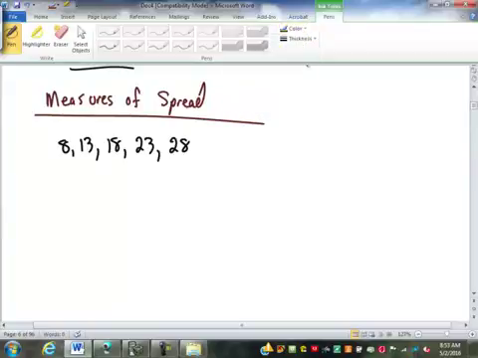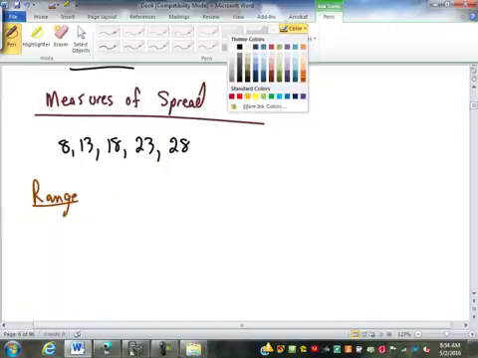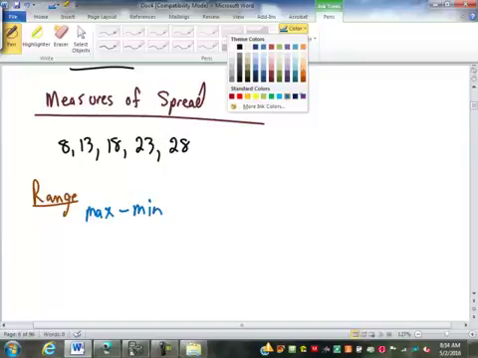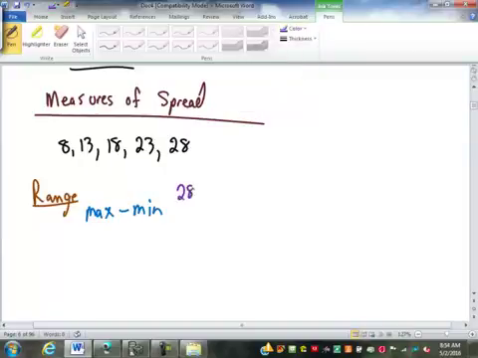For our first measure of spread, we can talk about range. Now we already used the mid-range as a measure of center. The range itself is just the maximum minus the minimum. So for this set of data, it's going to be 28 is the largest minus 8 is the smallest. That gives us a range of 20.